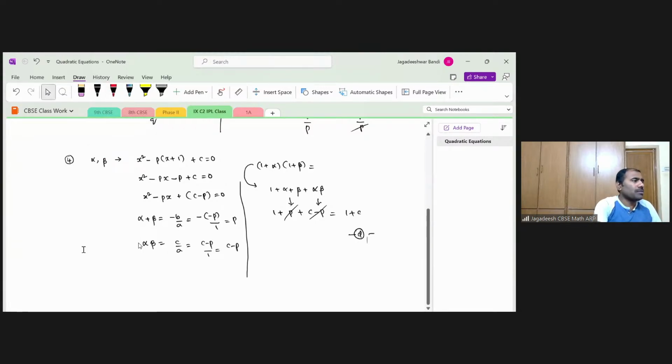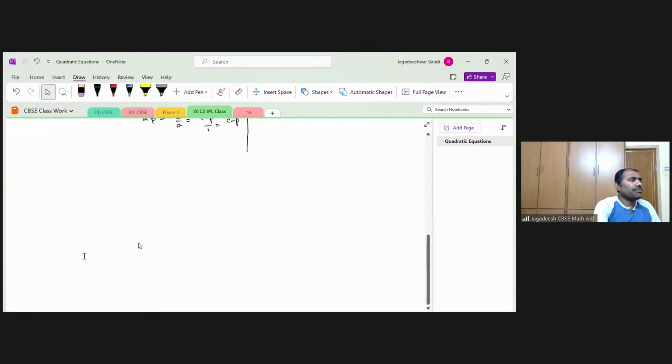So let us do one more problem, then we'll stop for today. Fifth one. See, the given quadratic equation is px square minus 14x plus 8 equal to 0.